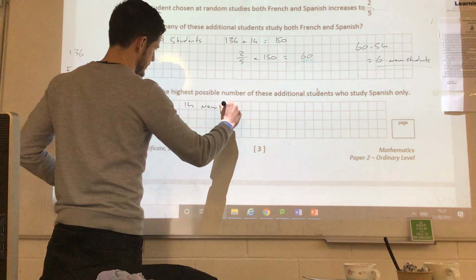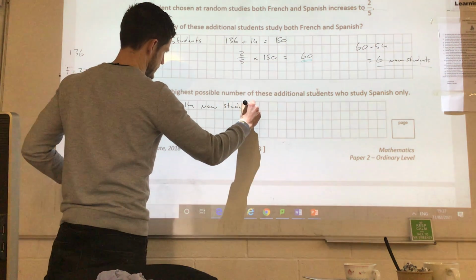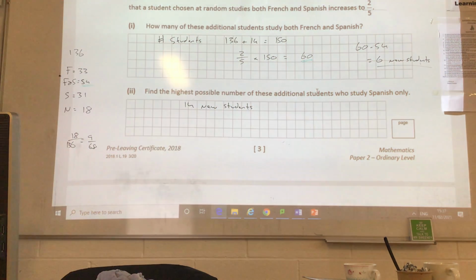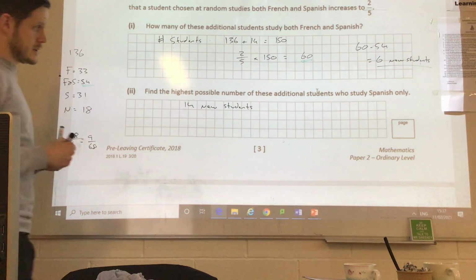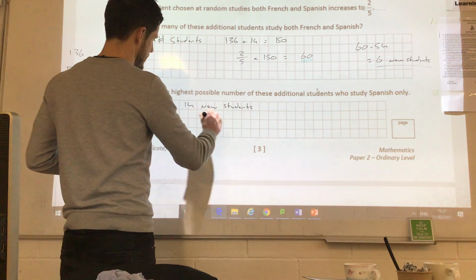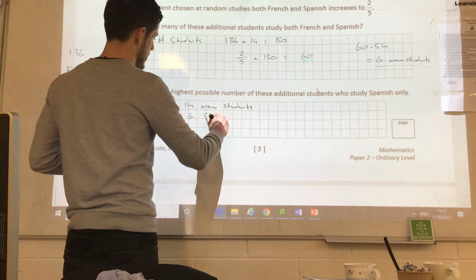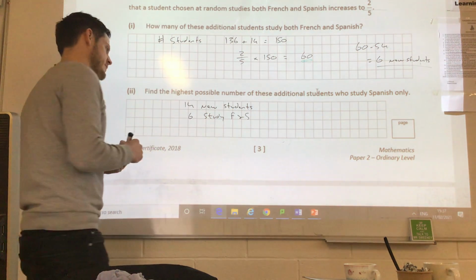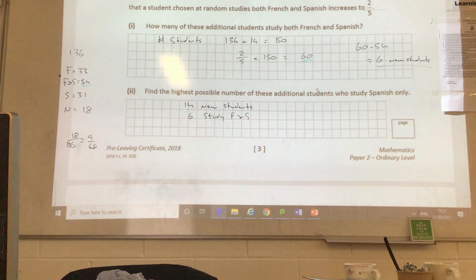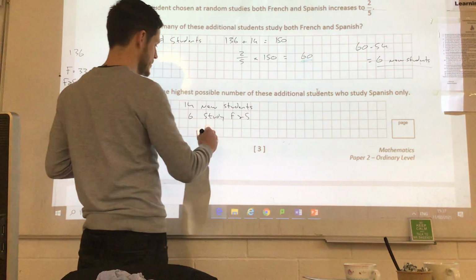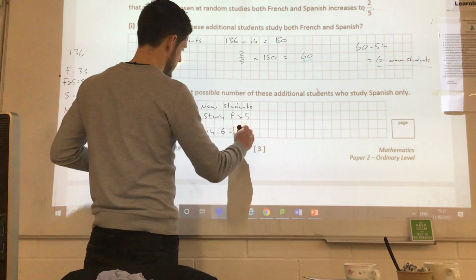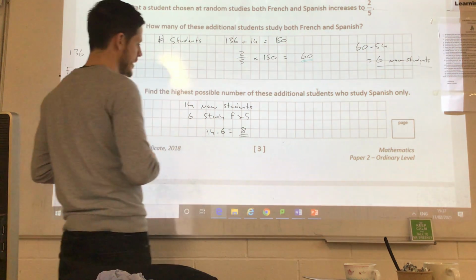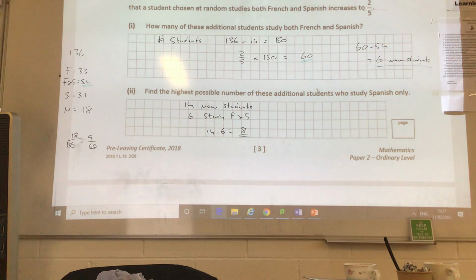You know that. 6 of them study French and Spanish. So there's 8 left over. We don't know about those 8. So those 8, for all we know, could just study Spanish. So we do 14 minus 6. That gives us 8 possibilities there.